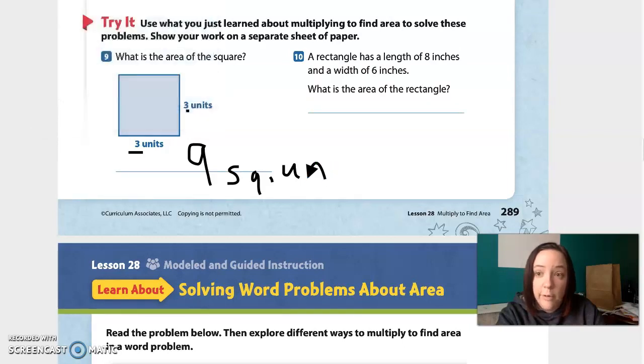I accidentally made an arrow instead of an N. There we go. So N units.